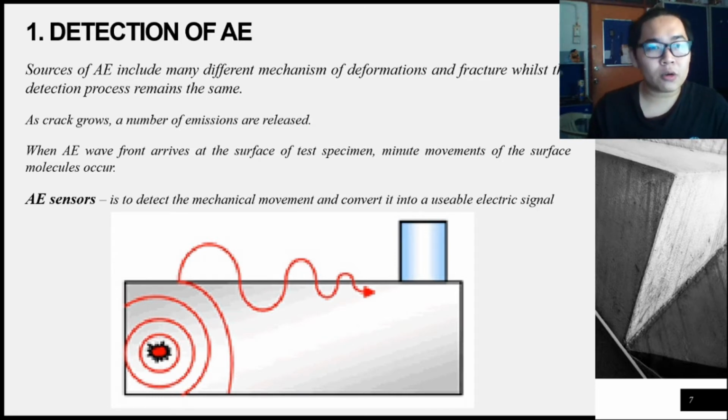As cracks grow, a number of emissions are released. When the AE wave front arrives at the surface of the test specimen, minute movement of the surface molecules occurs, where AE sensors detect the mechanical movement and convert it into a usable electrical signal.